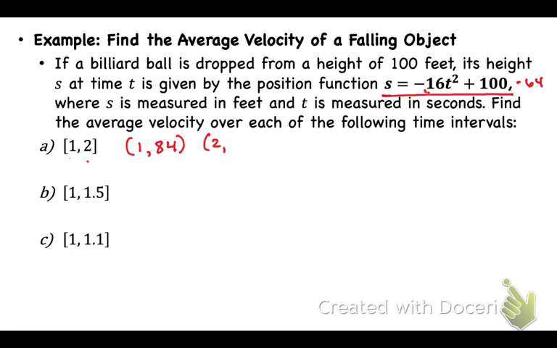You were saying 4 squared is 64. I said 4 cubed is 64 because 4 squared is 16. I was thinking it backwards. Okay, so 100 minus 64 is 36.